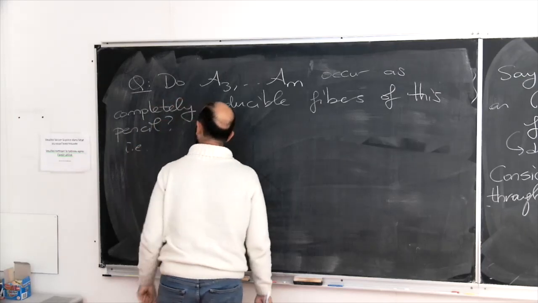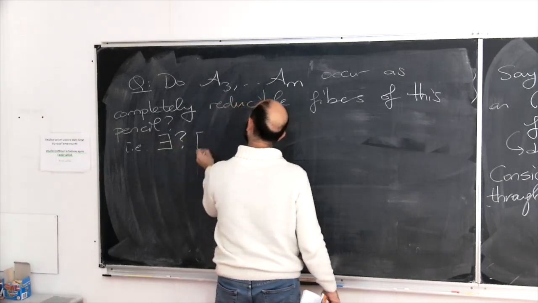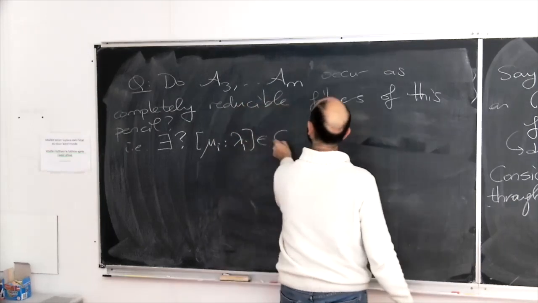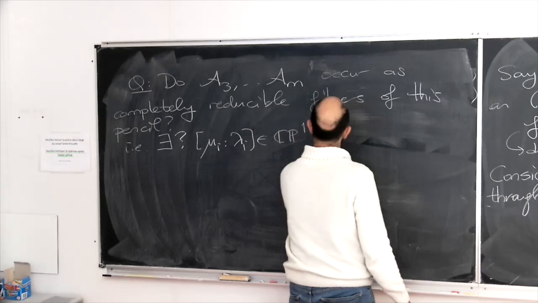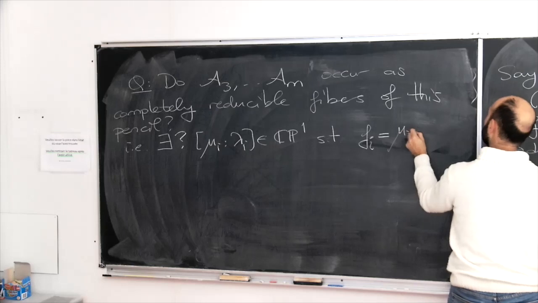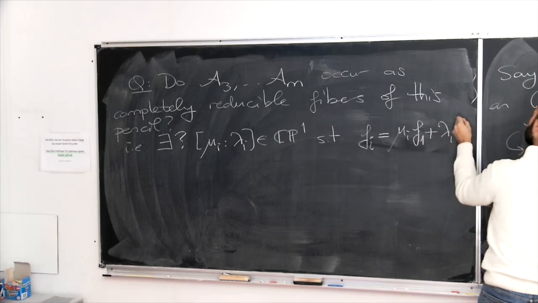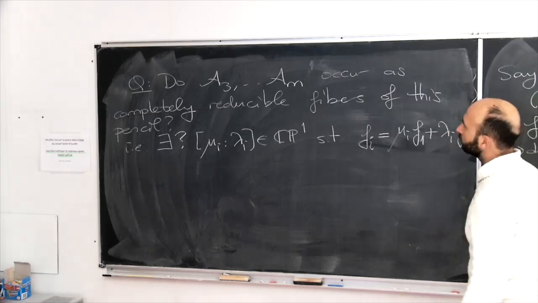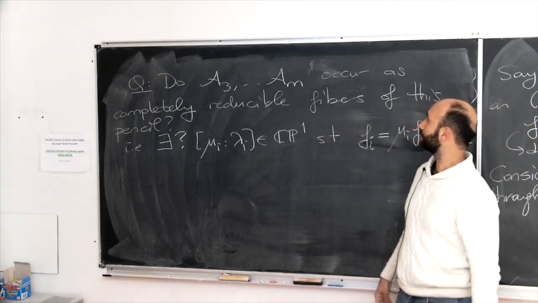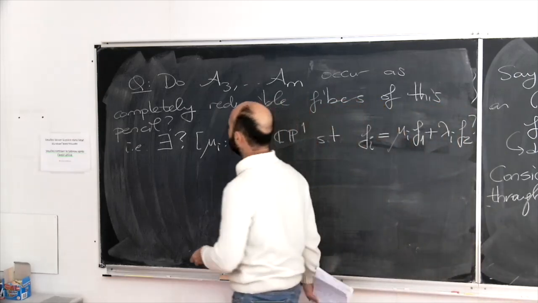In other words, can you find mu i, lambda i in CP1 such that each Fi is equal to this linear combination of F1 and F2? And what you only know is that these polynomials Fi vanish on the base locus X. Okay, and the answer is yes.